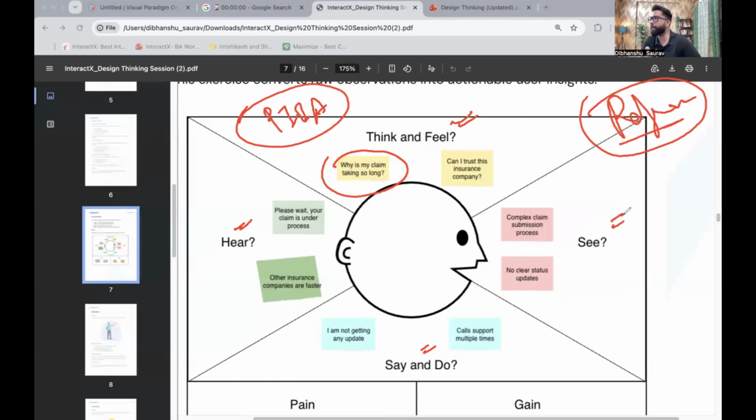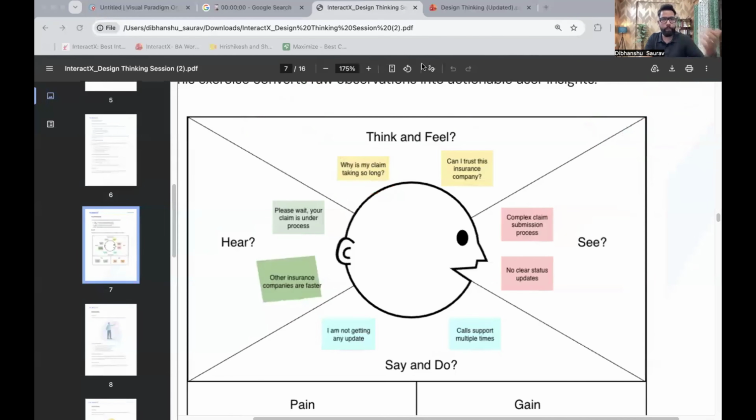Is this making sense to what I'm trying to communicate? That is what we are trying to do. Instead of going and asking them, hey, why are you not referring, we first ask about their experience of that product or that given service. So now if you go through think and feel, you'll be able to relate better.